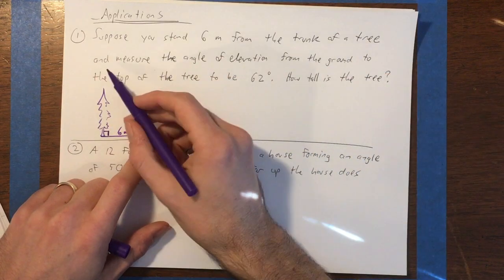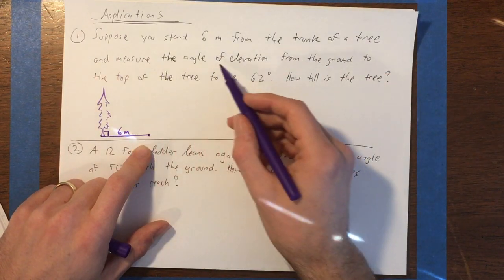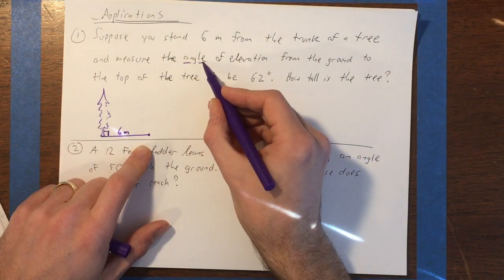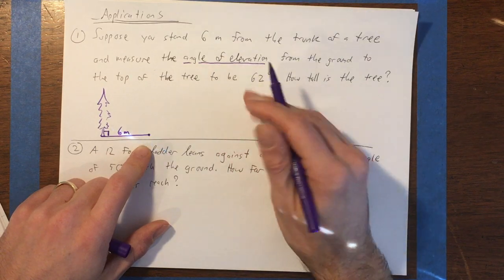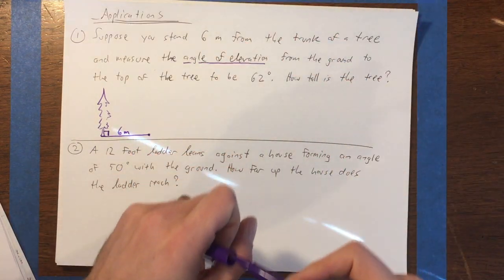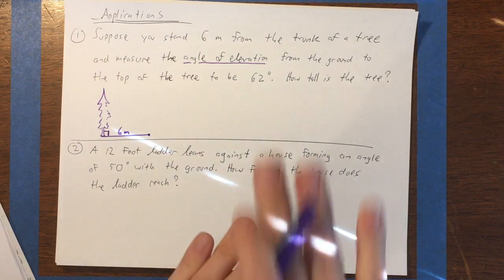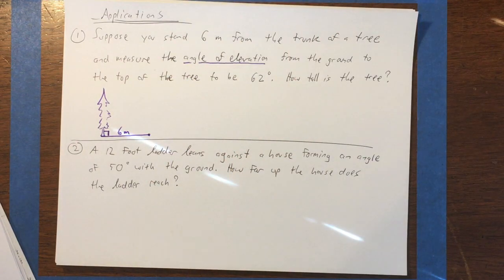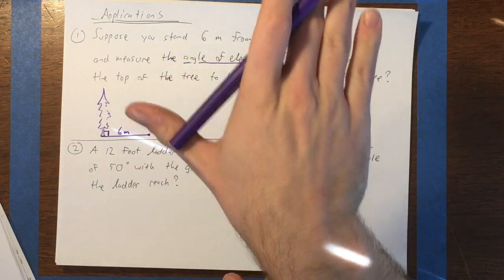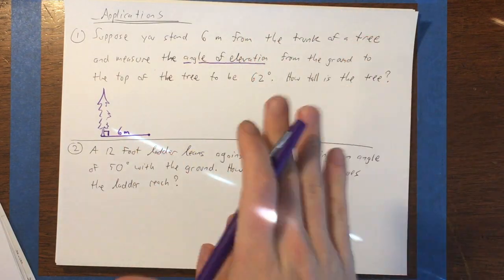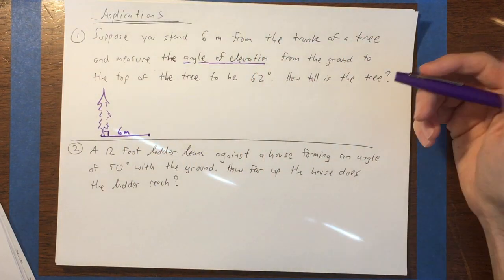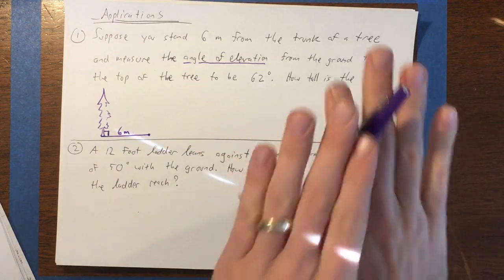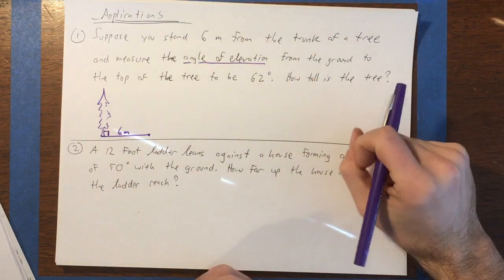Now, let's measure the angle of elevation. An angle of elevation is an angle measured up from horizontal. So whatever line, through space or along the ground or wherever, constitutes a horizontal, you're measuring up for an angle of elevation. Sometimes you'll hear angle of depression, which is measuring downwards from horizontal.